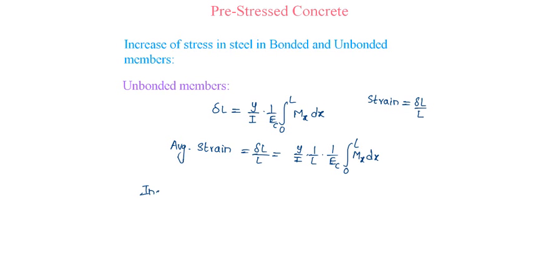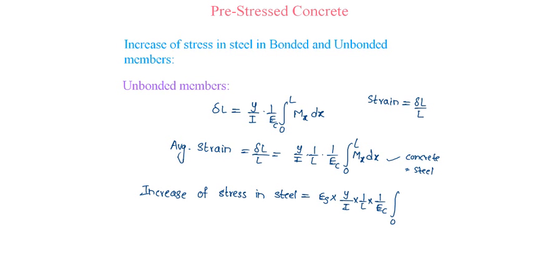Now the increase of stress in steel: strain in steel and strain in concrete are equal. So if this is the strain in concrete, this will also be the strain in steel. So this strain into Young's modulus of steel will give us the stress. So Young's modulus of steel into Y by I into 1 by L into 1 by EC, integrating from 0 to L Mx dx.